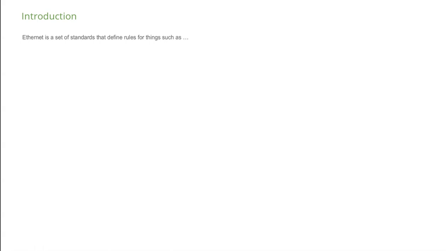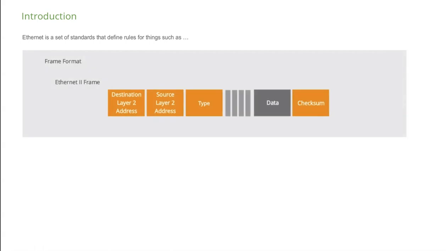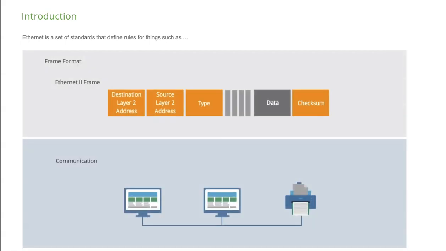Ethernet is a set of standards that define rules such as frame format, as well as how computers communicate with each other over a single wire shared by all devices on the network. These rules give any new device attached to the wire the ability to communicate with any other attached device. Although Ethernet technology has evolved considerably since it was first implemented, the fundamental operations remain the same.